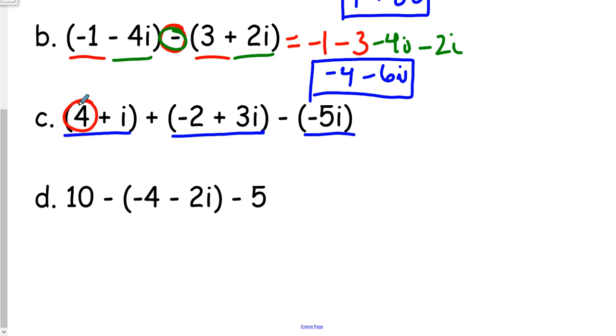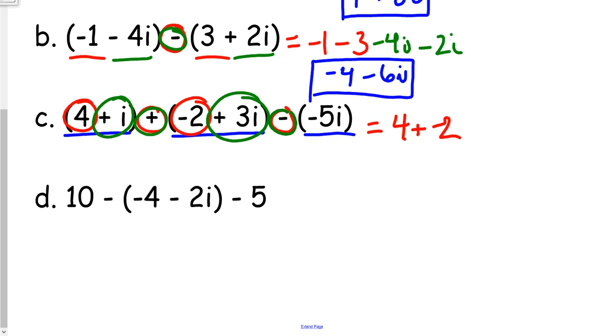So I have 4 plus negative 2 minus nothing. There's nothing there, so that's basically 0. So I have 4 plus negative 2. Okay, I'm not going to bother writing plus 0. On the imaginary side, I have a positive i plus 3i minus negative 5i.